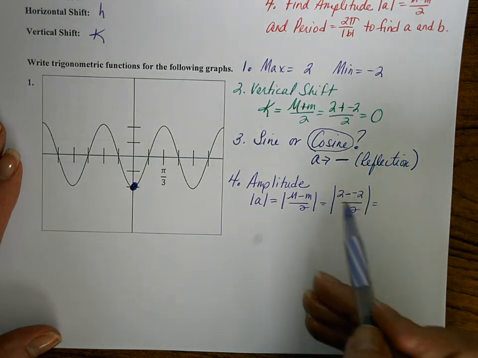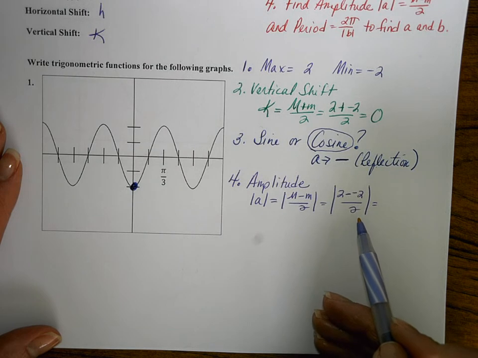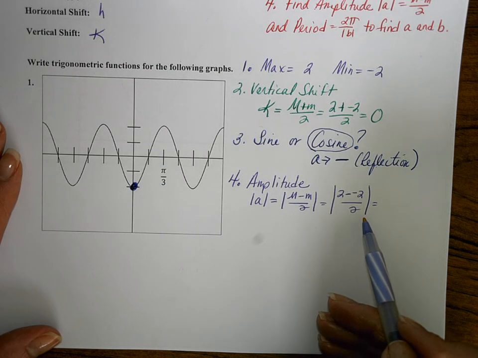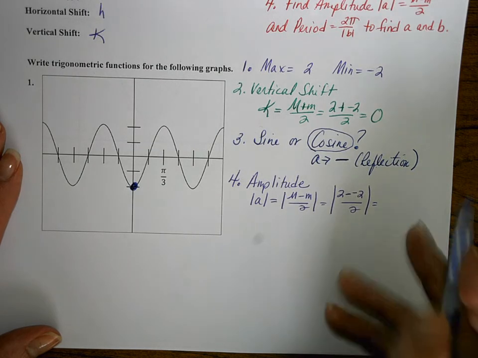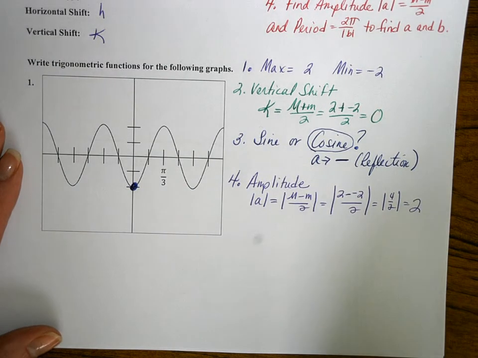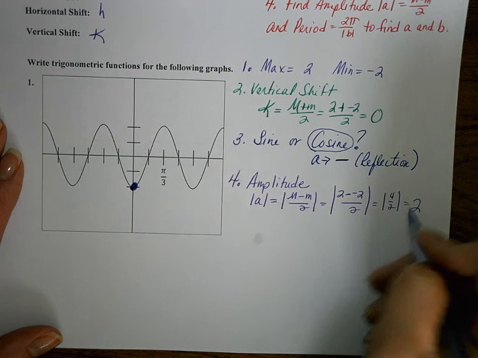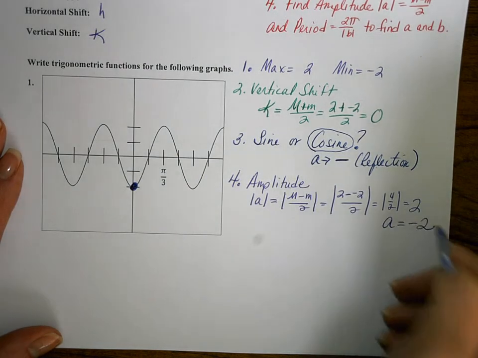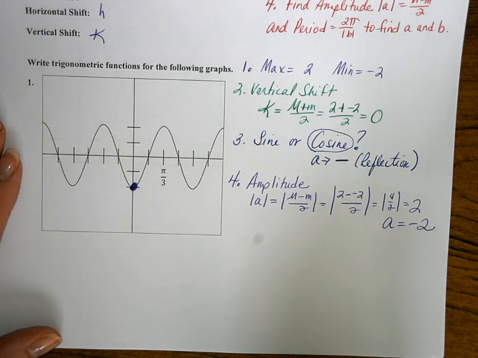Let's see, 2 subtract negative 2 divided by 2 is 2, right? Because the absolute value of 4 divided by 2 is 2. So, if the absolute value of my A is 2, what is the A now? The A, though, has to be a negative 2 because we know from above that there's going to be a reflection.